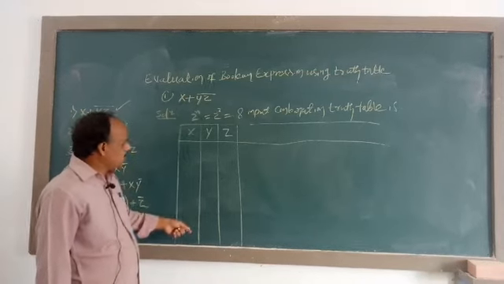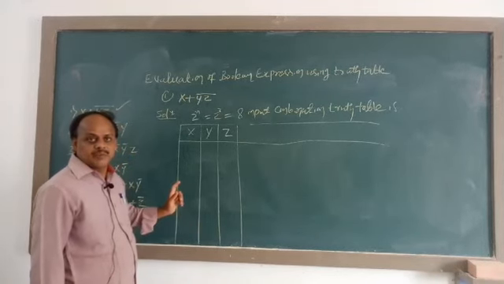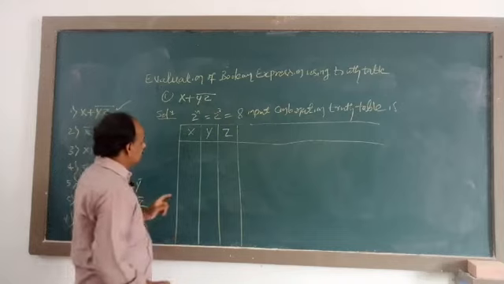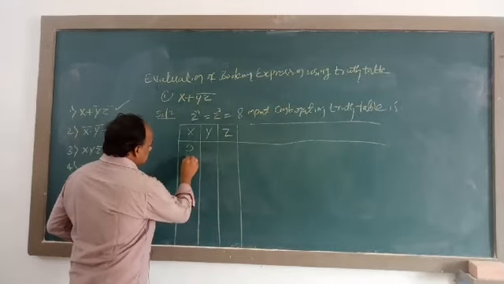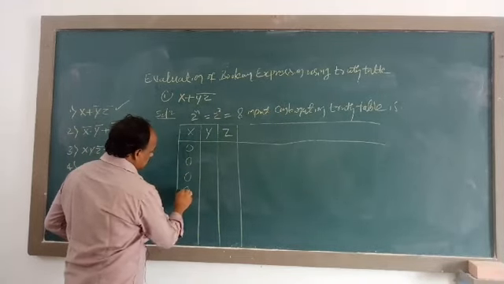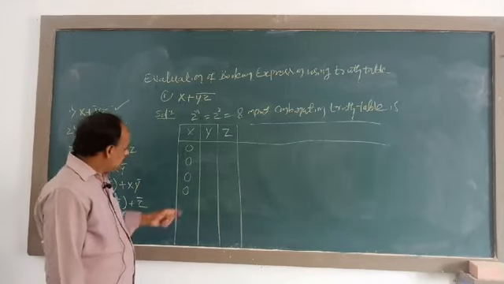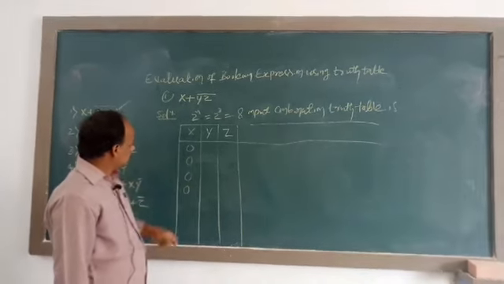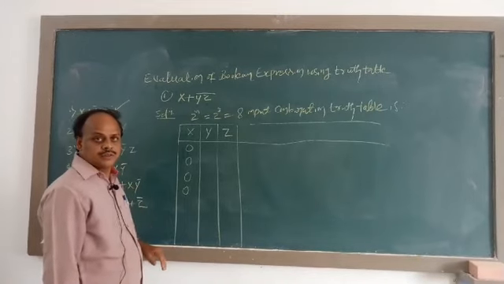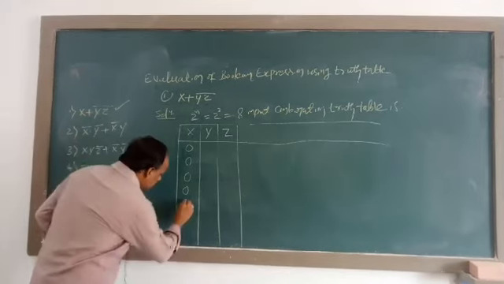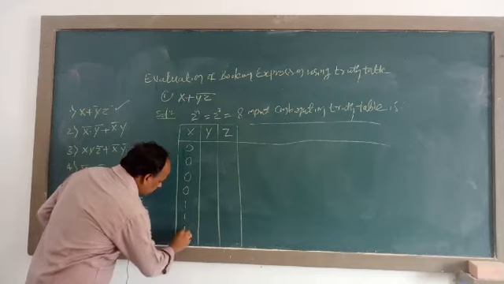For the x variable, first we have to write 8 input combinations like this: 0, 0, 0, 0, 4 zeros. Next, 4 input cases are over. Next 4 input cases are 1, 1, 1, 1.